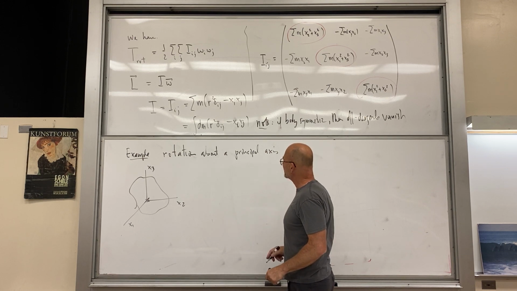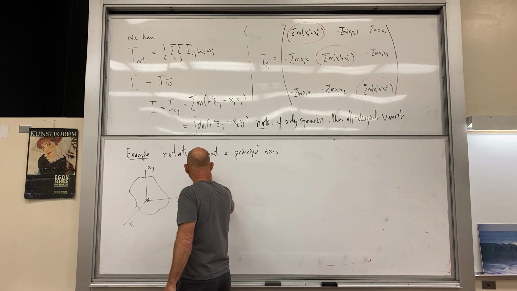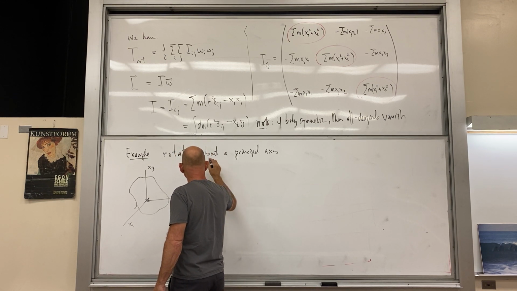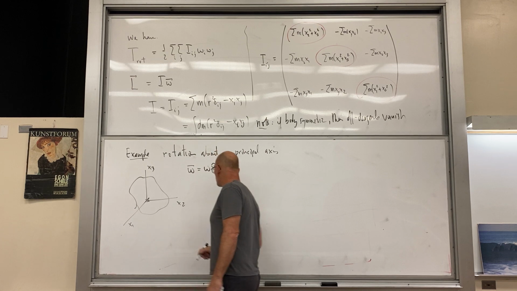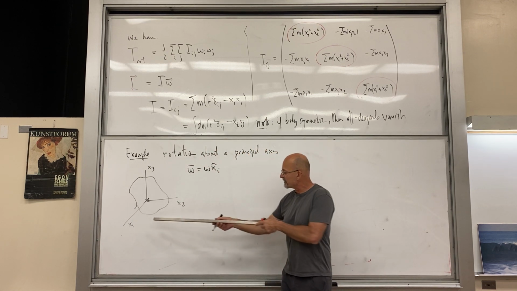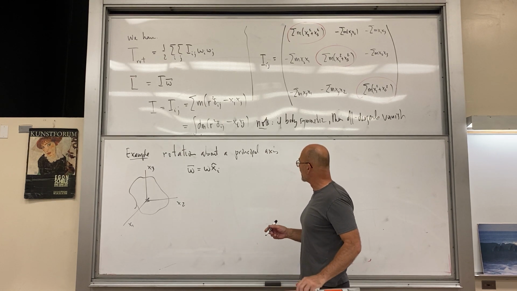So rotation about a principal axis, so omega vector is equal to omega xi hat for one of these xi, x1, x2, x3, right, in the body frame.